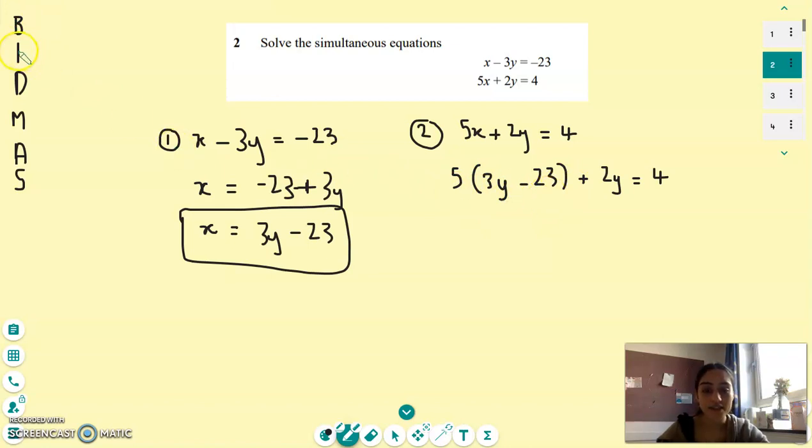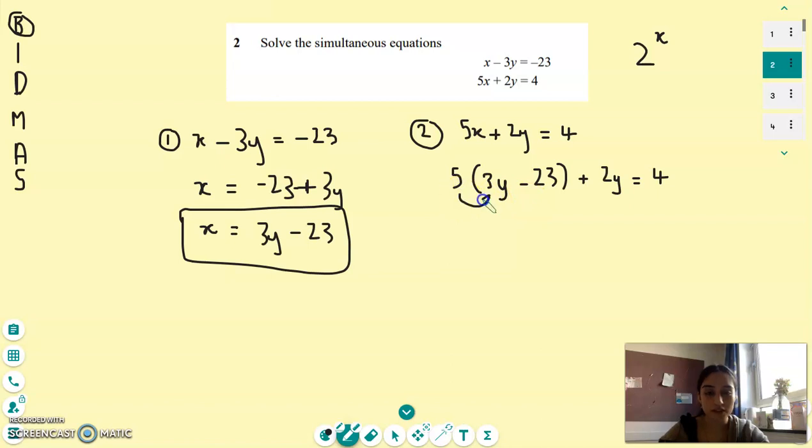I is for indices, so indices being like powers, so for example 2 to the power x, or 2 to the power 4, or 3 to the power 12, these are all indices. D is division, M is multiplication, A is addition, and S is subtraction. So in this case, B, brackets, we do have brackets, so we should expand this first.